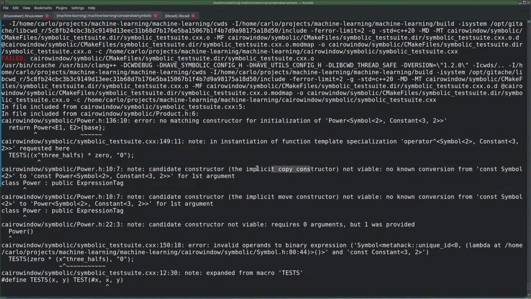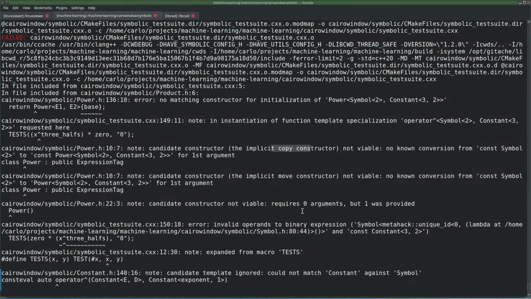Oh, it's a copy constructor. Bullshit. Move constructor. Oh, I killed the constructor apparently. I added a default constructor.